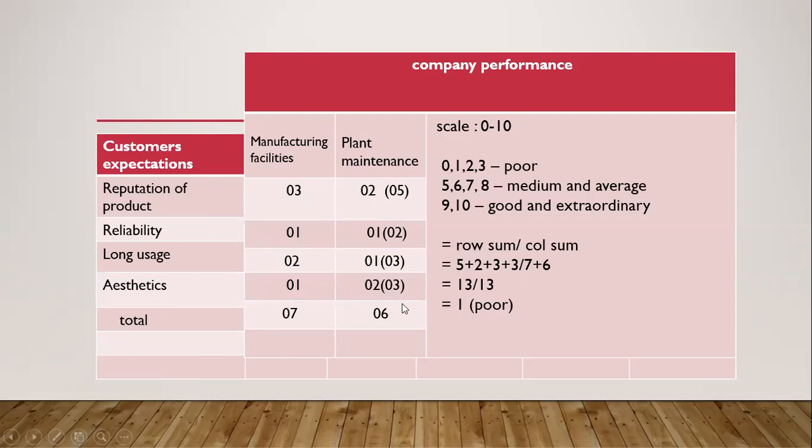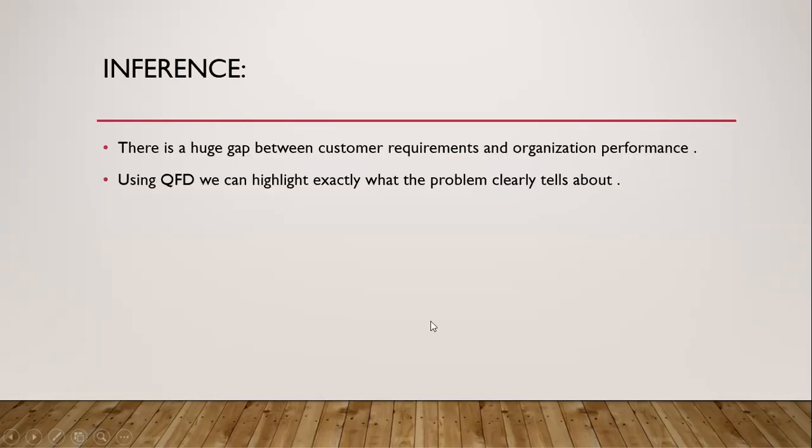So find the row sum and the column sum, and compute the overall correlation matrix by dividing the row sum by the column sum. Here it is given as 1, which is a poor index, which clearly shows that there is a huge difference between the customer requirements and the organization's performance.